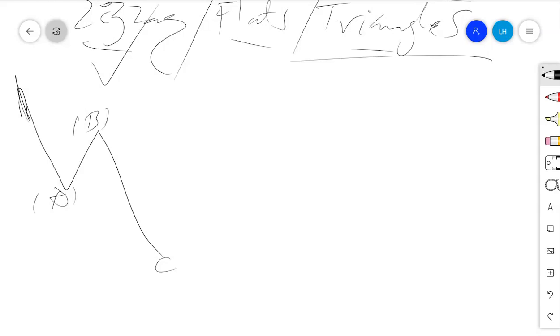Wave A has its own internal structure, wave B has its own internal structure, and wave C has its own internal structure. So when wave A is building up, it may build in very different ways, and when wave B is building up, it can also build itself in a different way.